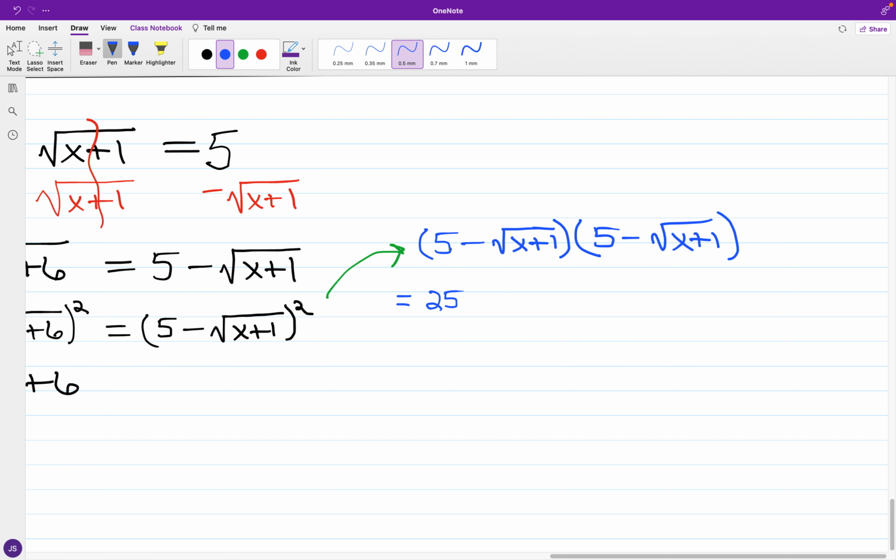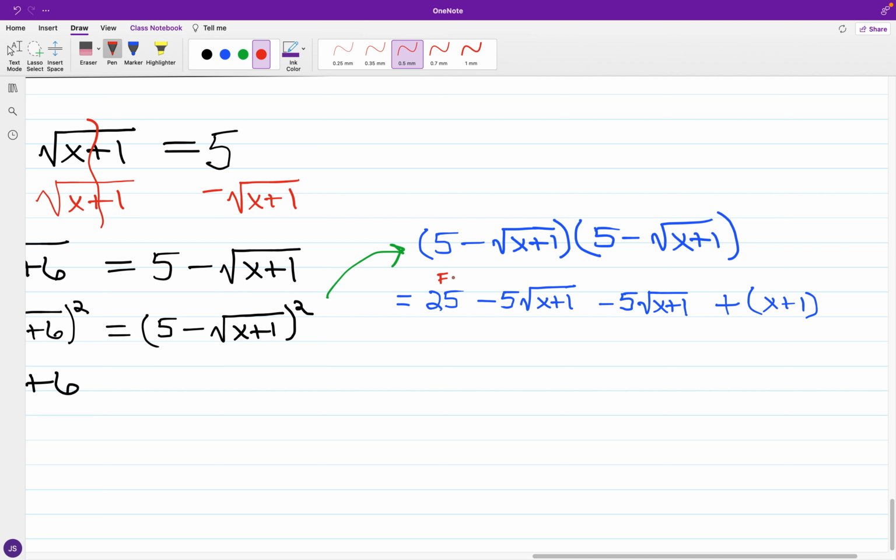Outside products, we will have 5 times the negative of the square root of x plus 1, so we have minus 5 square root of x plus 1. Inside product, we will have another negative 5 square root of x plus 1. Now last part, we have a negative times a negative, so that's going to be a positive. And the square root of x plus 1 times itself will give you x plus 1.